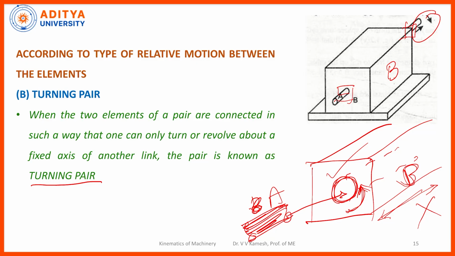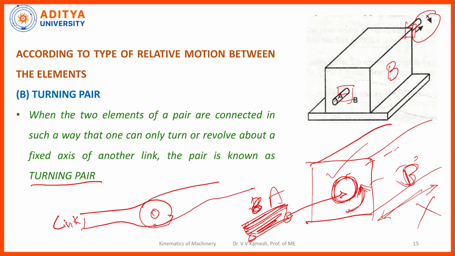Suppose I am having another thing. So this is one link, link number 1, and here I am having another link, link 2, okay. They are forming one pair. Just like this, my hand is one link and this pen is another link.